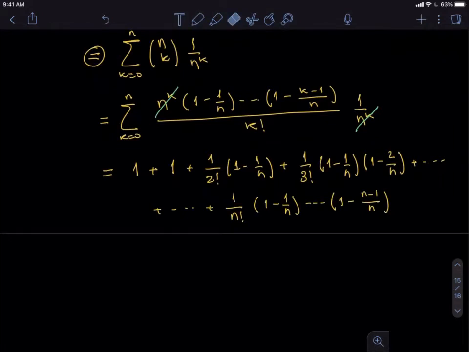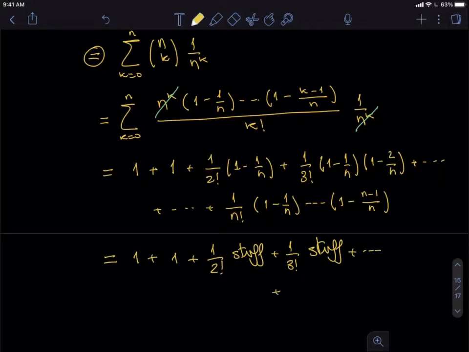Now, let's pay attention to what we have here. So we have 1 plus 1 plus 1 over 2 factorial times something, 1 over 3 factorial times something, all the way to 1 over n factorial times something.